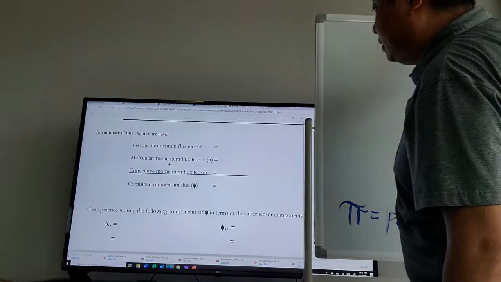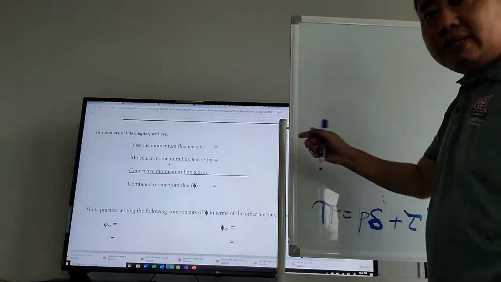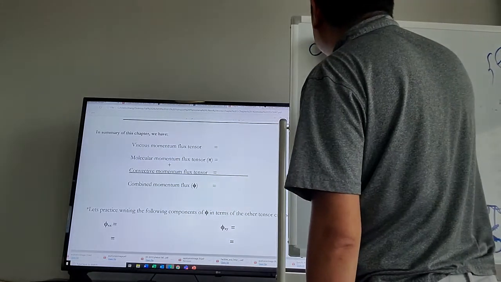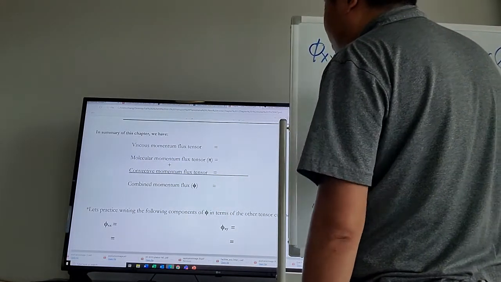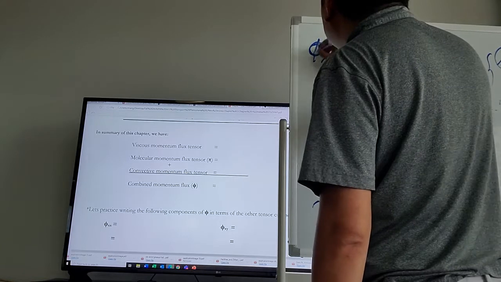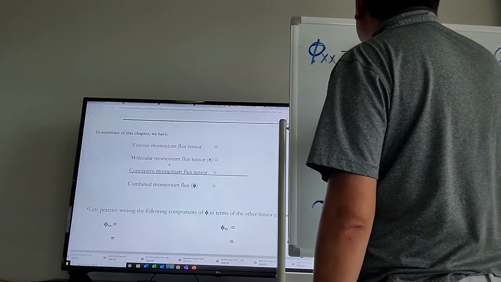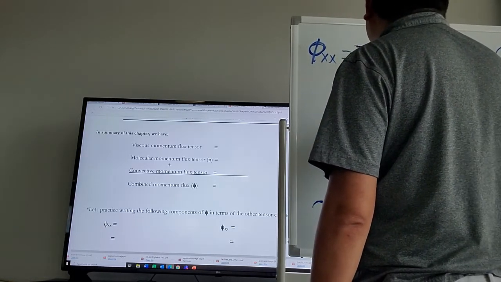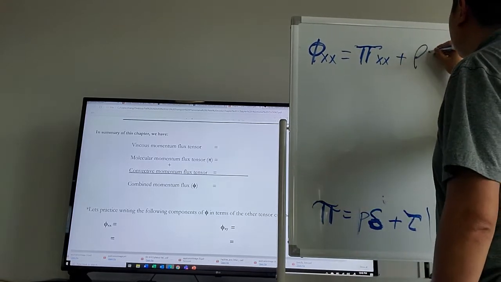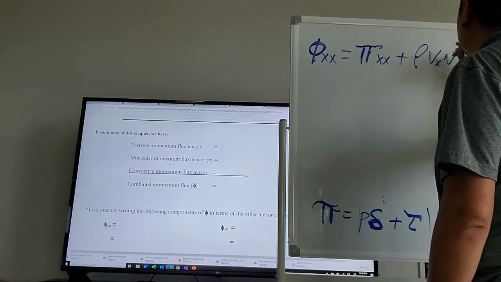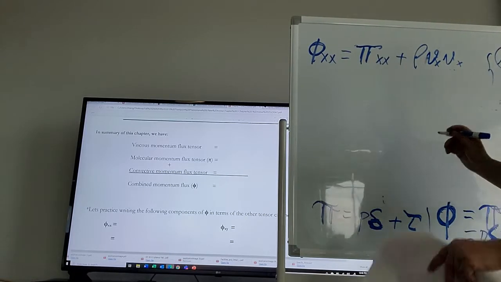If we look at the first one, phi xx, we know phi xx equals pi xx plus rho vx vx.